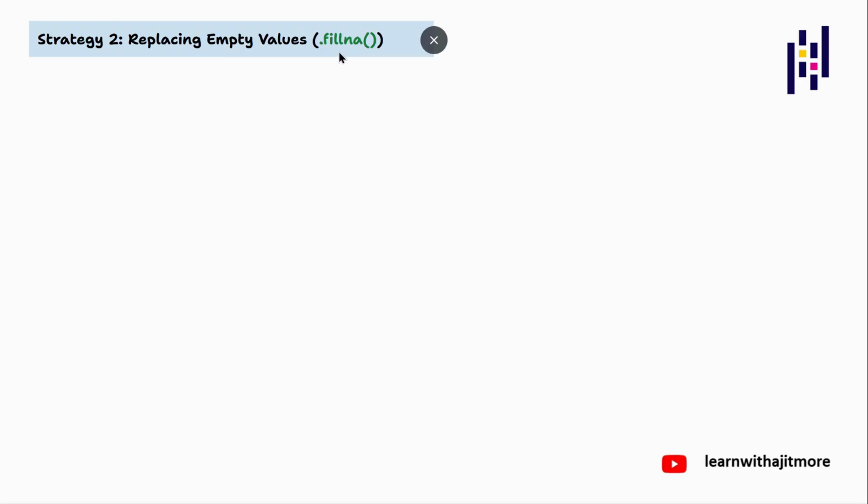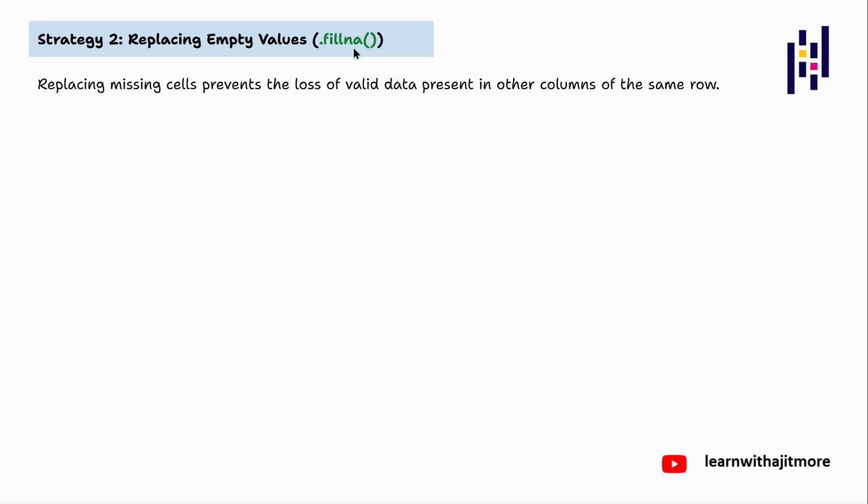Okay. So for that they have given fillna, right? So replacing missing cells prevents the loss of valid data present in another column of the same row. There are chances that in that row, somewhere you have NaN, but other column values are useful.